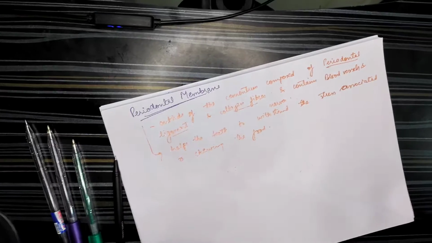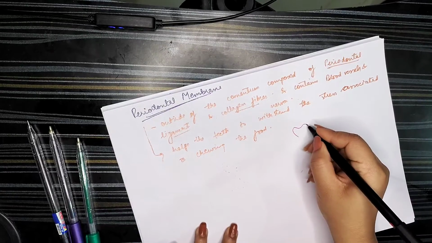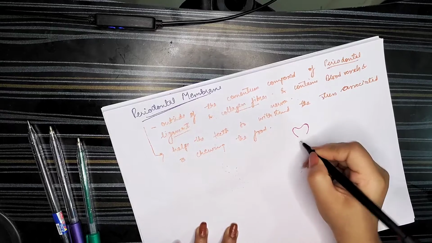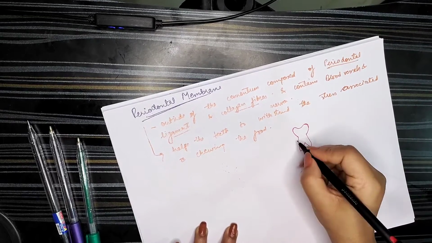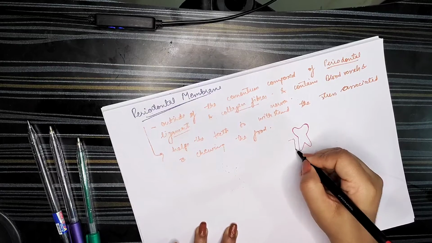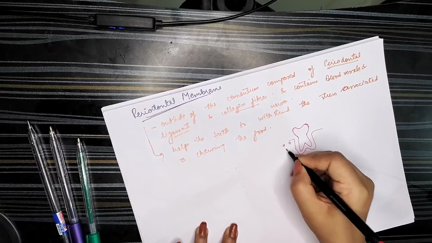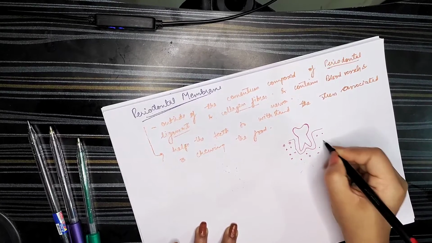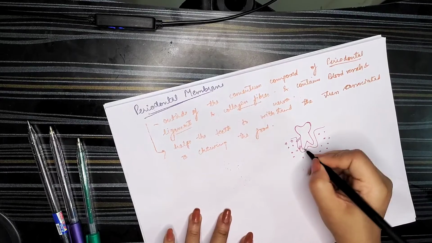So here I just need to tell you, this is our crown, this is root, this is alveolar process, alveolar bone, here are the periodontal fibers.